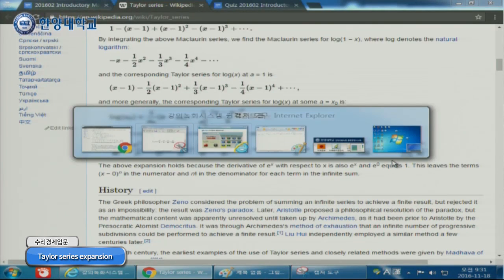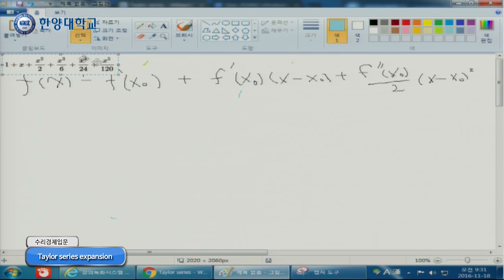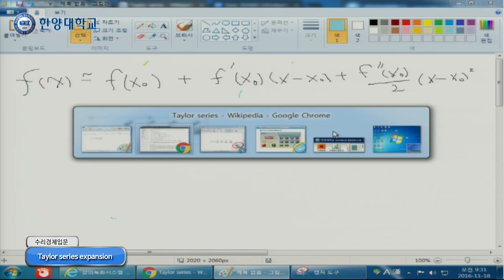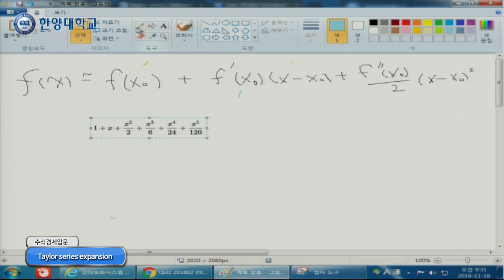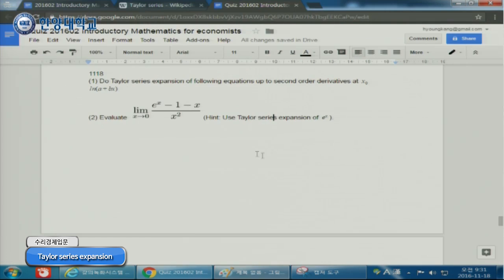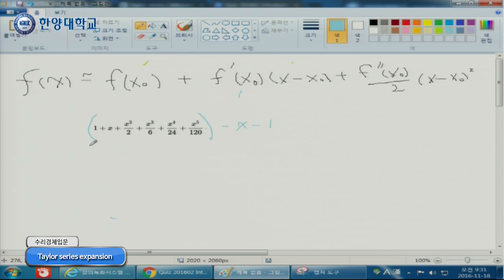Okay. And then go here. And then, well, minus x, minus 1, right? And x squared. Then, wow, it is convenient. That goes away. Right?